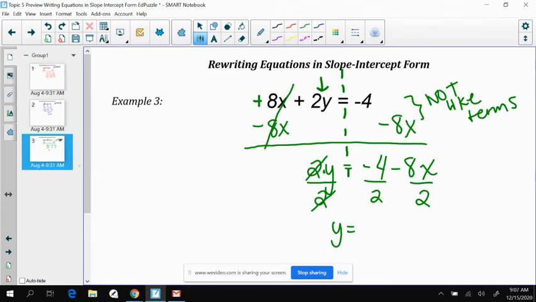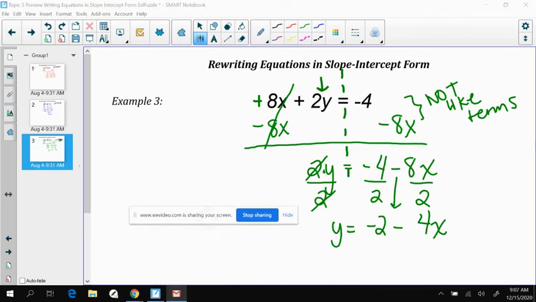And at this time, remember, you can use an online calculator or your division facts. -4 cut in half is -2. Minus 8x cut in half is minus 4x. To truly rewrite this in slope-intercept form, we want to bring our m term in front, because as a reminder, we want it in y equals mx plus b.